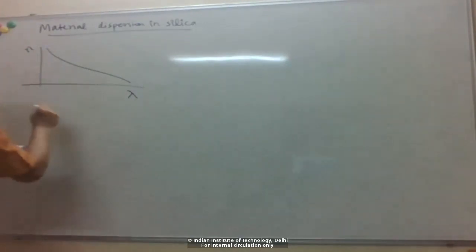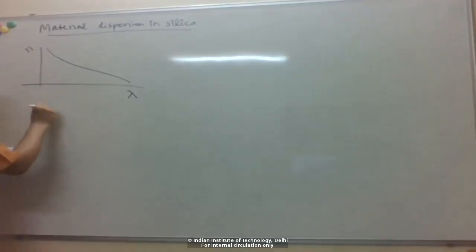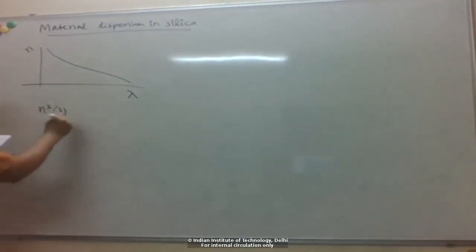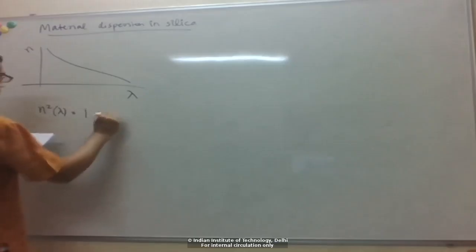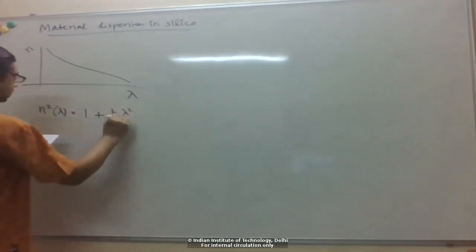So in general, the refractive index for any material as a function of wavelength can be modeled by what is known as the Sellmeier equation, which looks something like this.